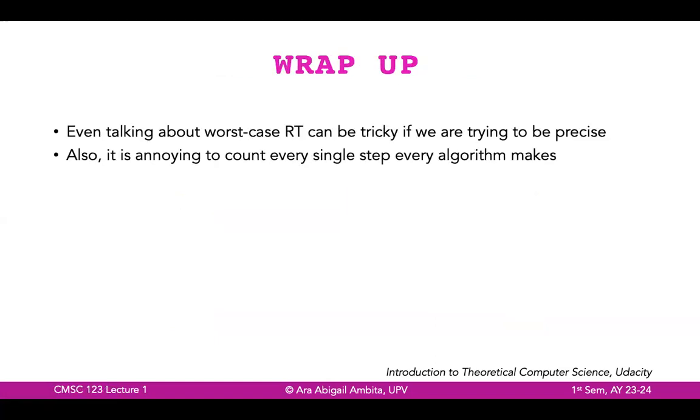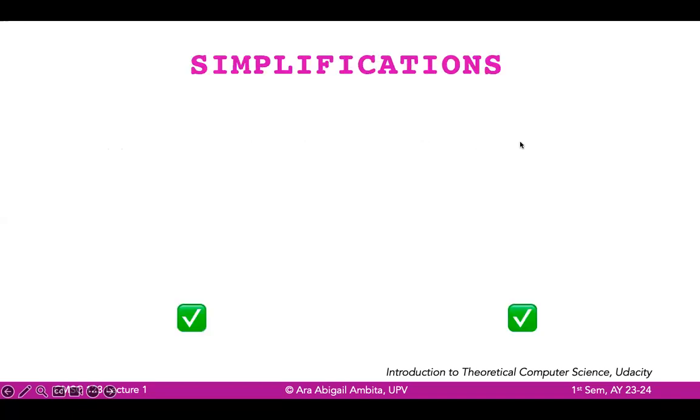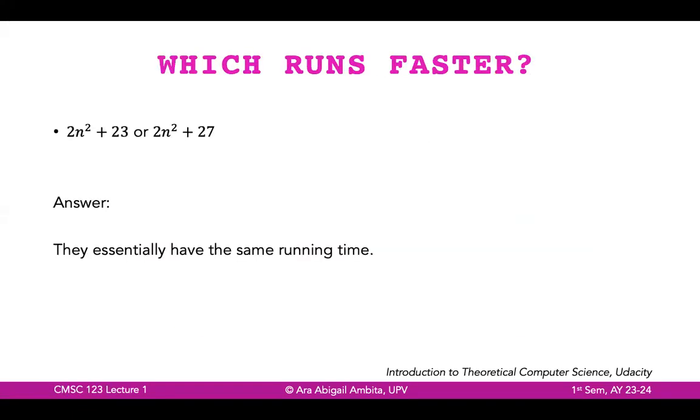Again, what's the motivation? Because it is annoying to count every single step every algorithm makes, and we have to focus only on the important part. Now, let's say you have this running time, 2n squared plus 23, or 2n squared plus 27.